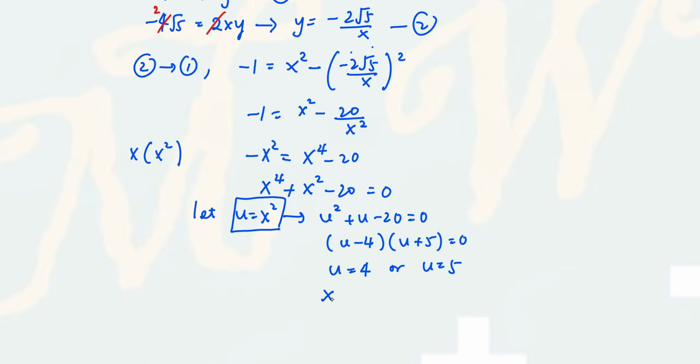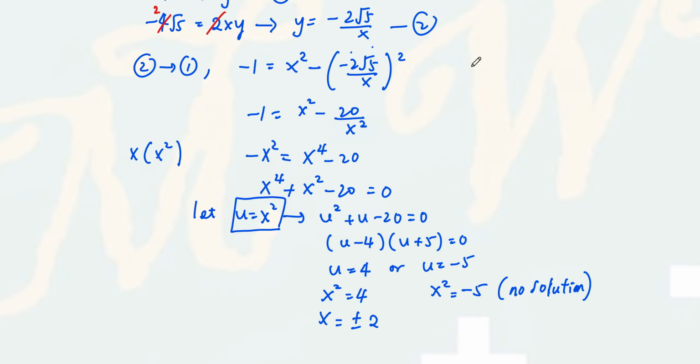So now replace: x squared equals 4 or x squared equals -5. x squared is a non-negative value, because x and y are real numbers, so this one has no solution. Therefore my x will be plus or minus 2.